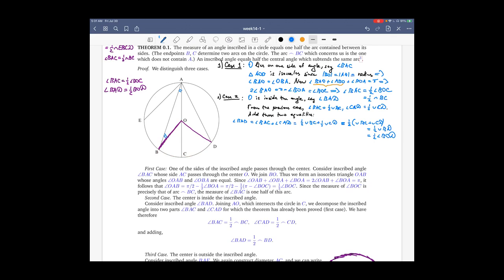And finally, case 3. When the center of the circle is outside the inscribed angle. Say, take angle EAB.